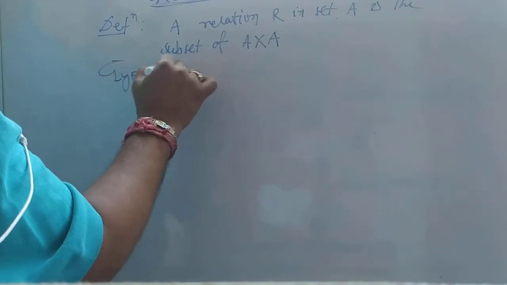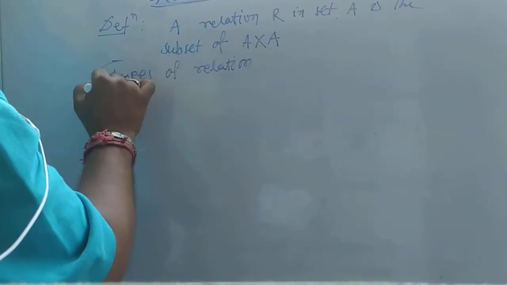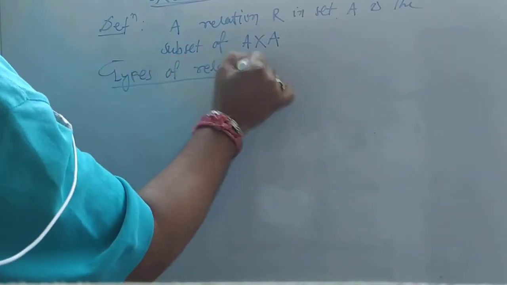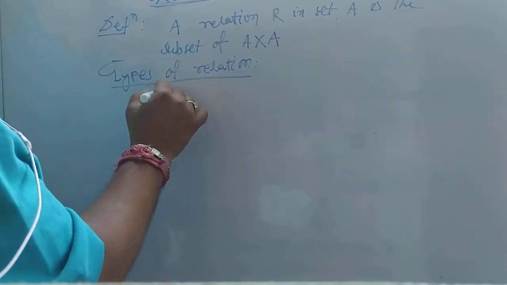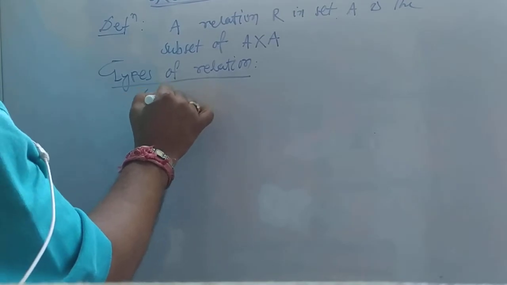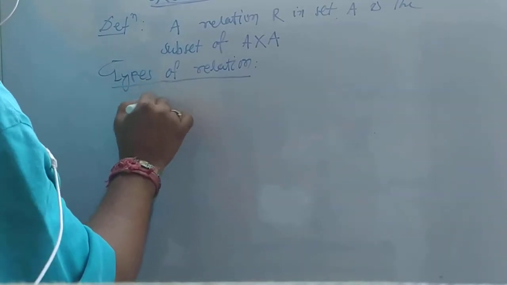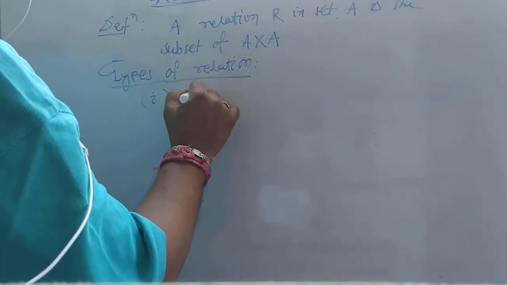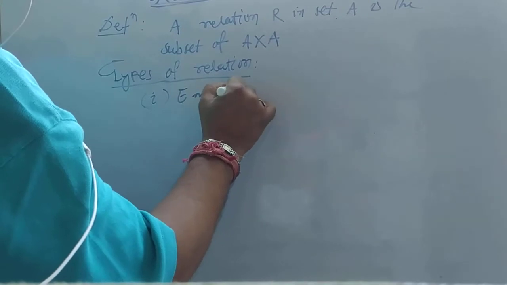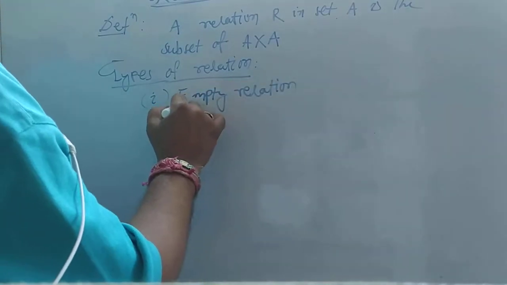Types of relation. There are three types of relation. First one is the empty relation. What is that?